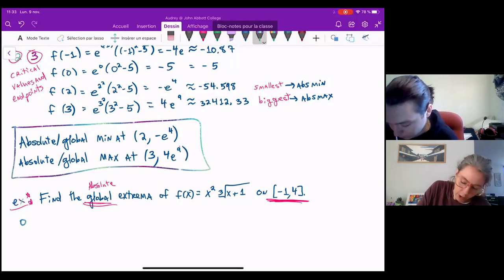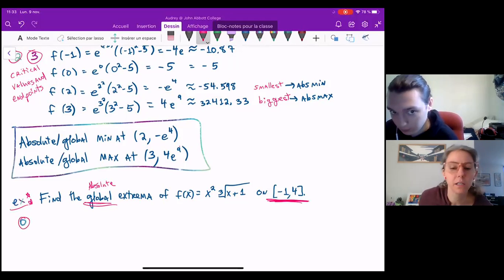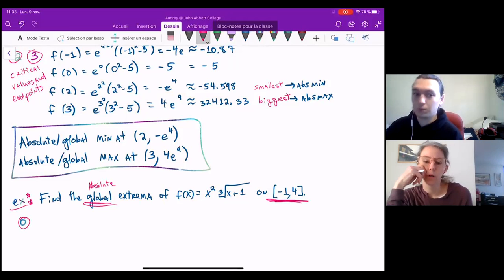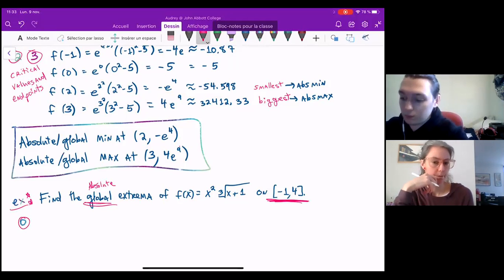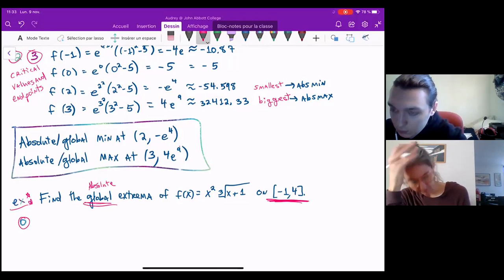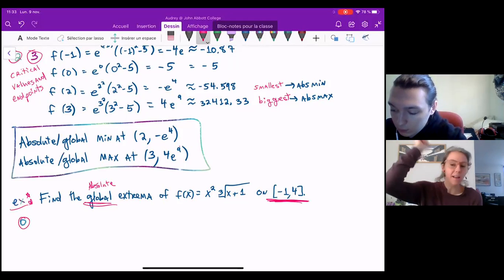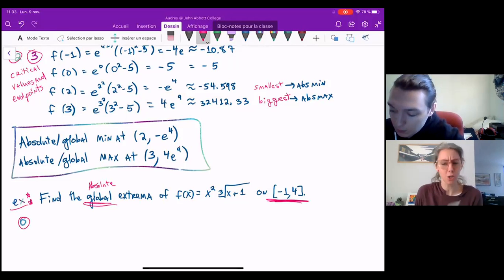Our step 0 is to check for any division by 0 or negatives under a square root. Am I going to have either of those in this problem? You could have a negative square root. Never mind, it's a cubed root. Yes, good job. That's not a square root, it's a cubed root.